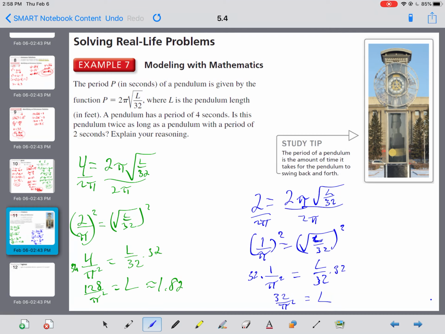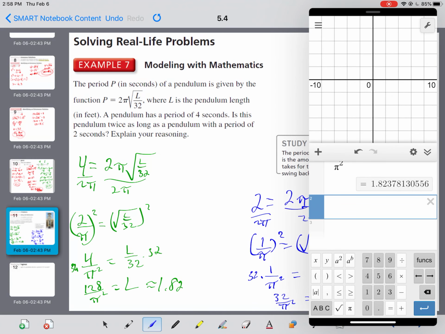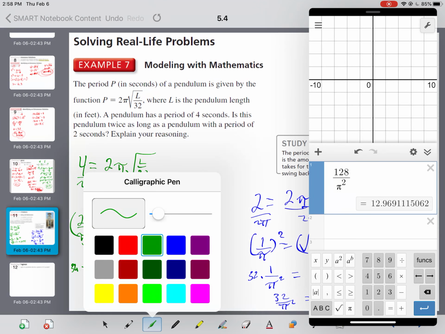Well, 2 times 32 would be 64, not 128. It's actually 4 times as big. Let's see. If we do, oh, that's supposed to be 128. There we go. 12.97 is what that was.